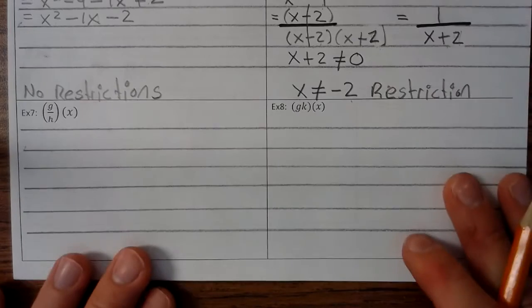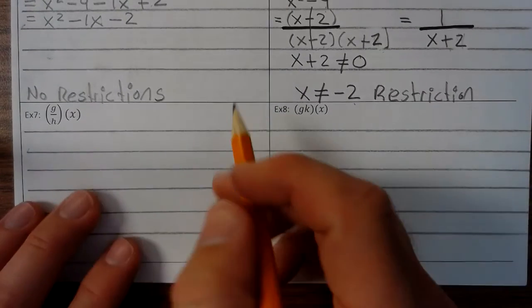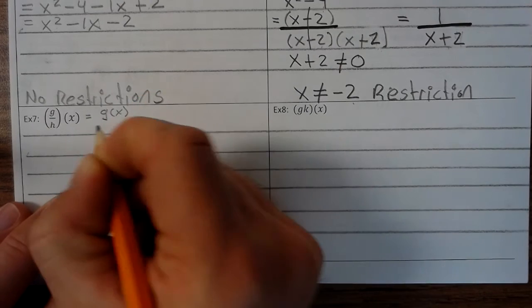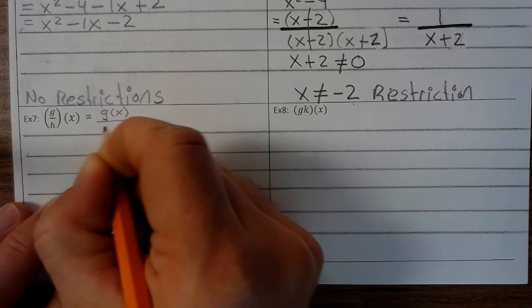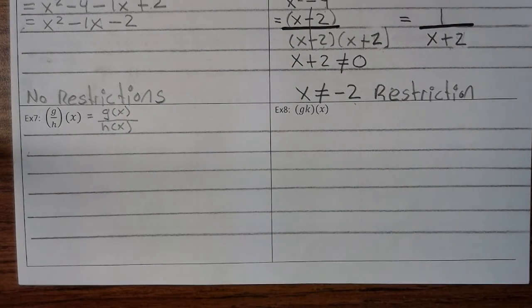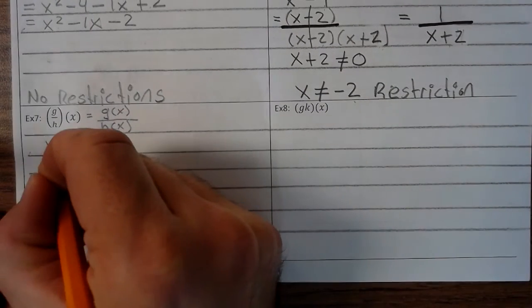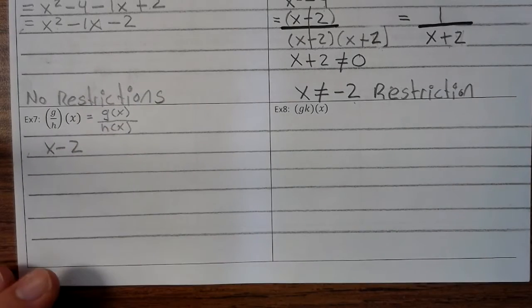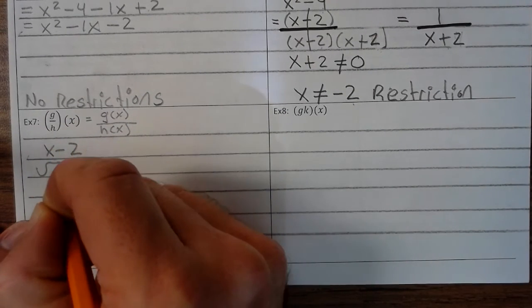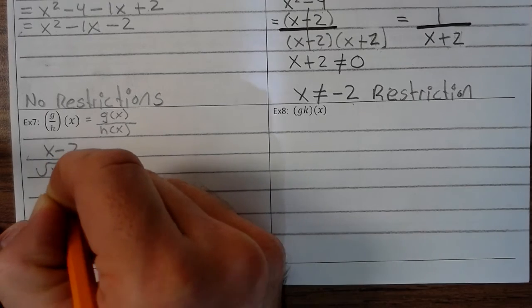All right, example 7. So this is g of x divided by h of x. Okay, so g of x is x minus 2, and h of x is the square root of x plus 3.